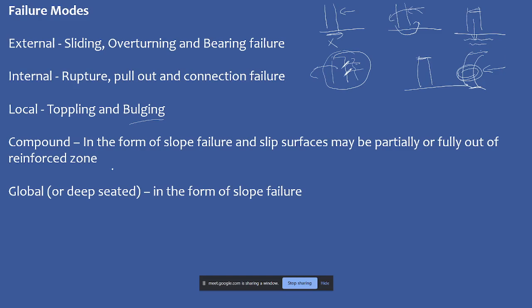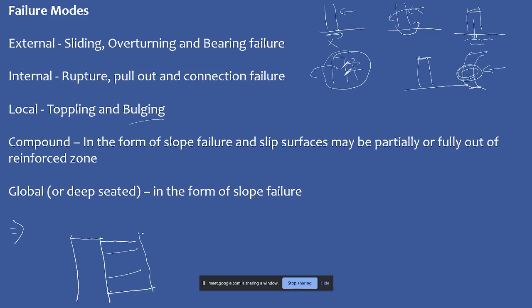When the mechanically stabilized earth wall, if you are having the slope available here, you are having the reinforcement, and this is your soil domain. And this is a slope.